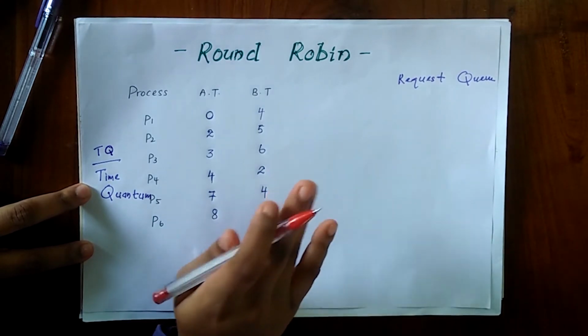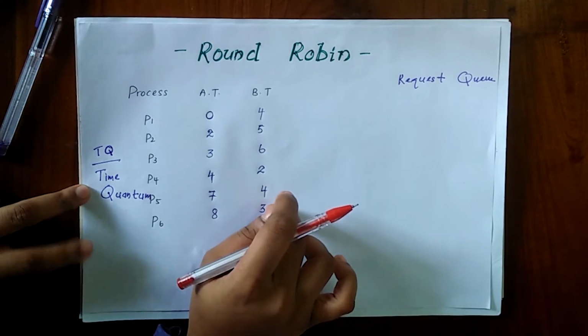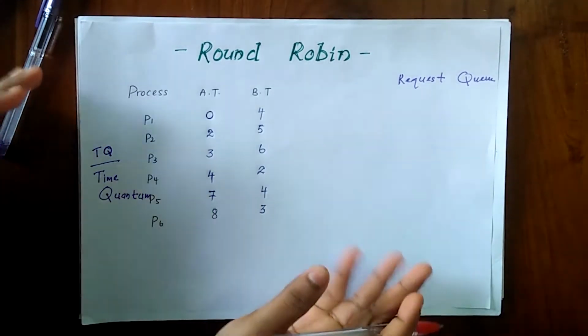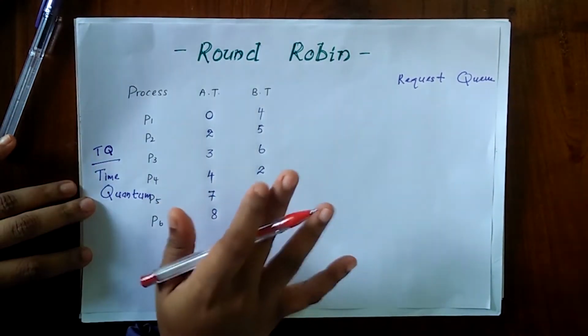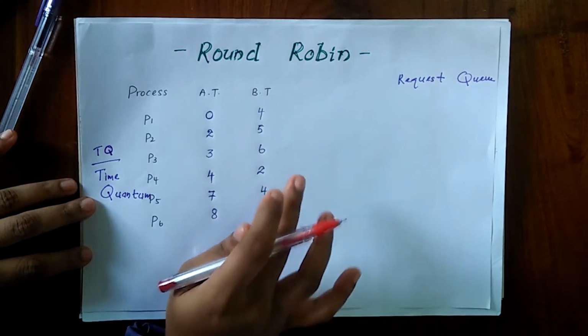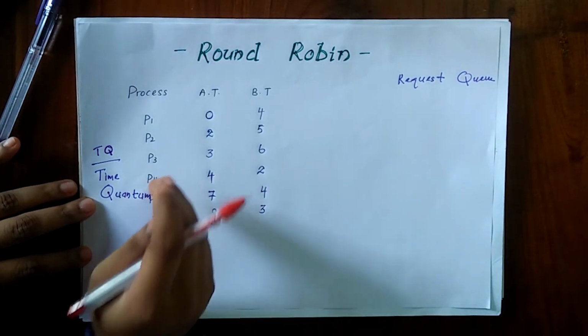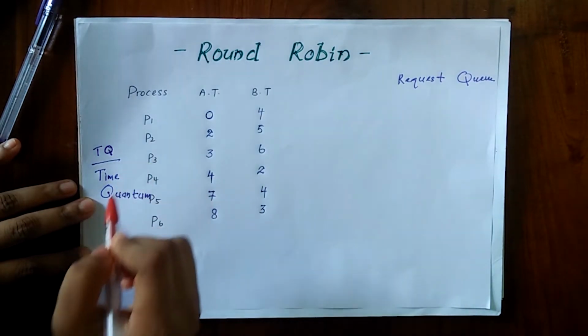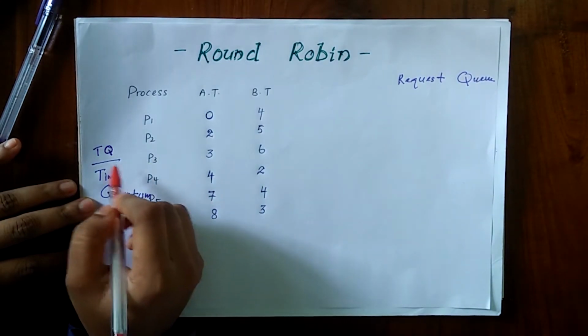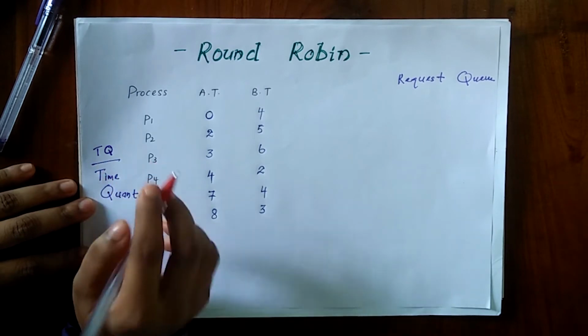Regardless of the burst time, even though the burst time is large or small, we have to ignore that. The process has to execute for that given particular amount of time quantum.